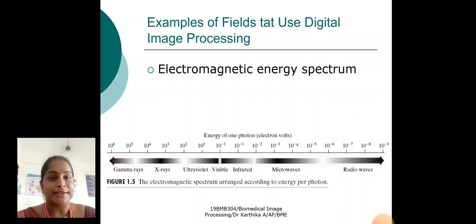This spectrum contains gamma rays, X-rays, ultraviolet, visible, infrared, microwaves and radio waves. Here the electromagnetic spectrum is arranged according to the energy per photon. The energy of one photon is measured in electron volts.